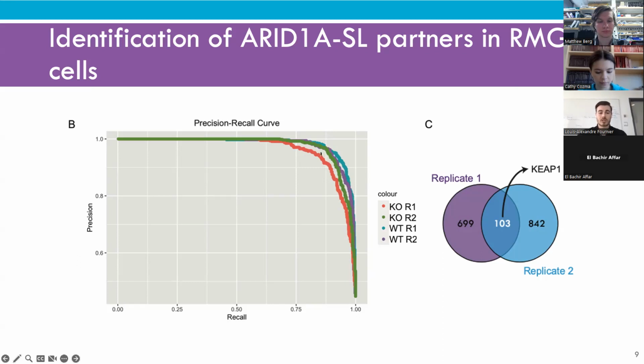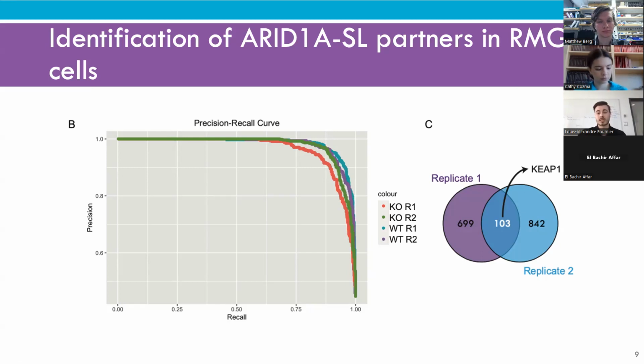And the high precision to recall ratio plotted here suggests that our algorithm was able to identify a relatively low false positive rate and a low false negative rate, based on training data that it uses to give out Bayes factor scores, which are an indication of fitness.